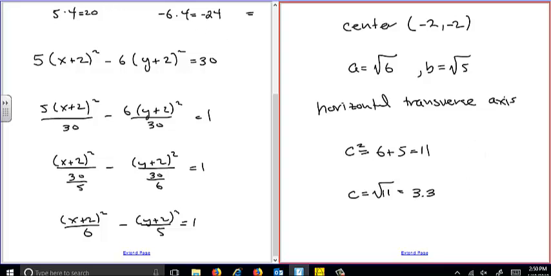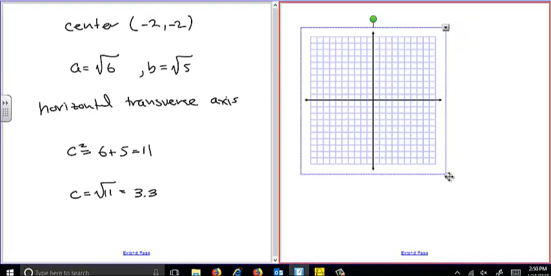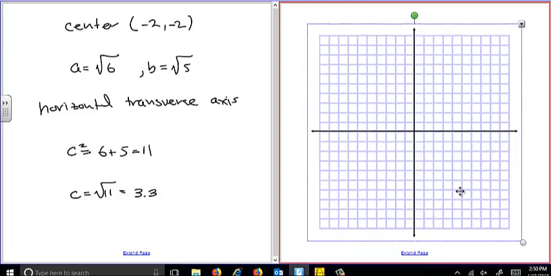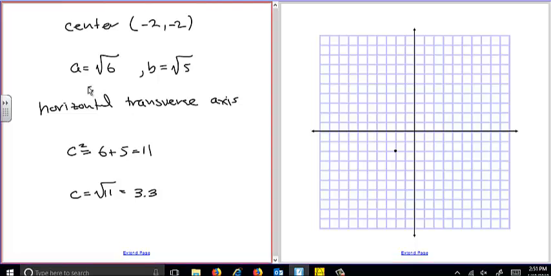So let's plot it. Go plot the center. -2, -2. There it is. Plot a. A is the square root of 6, so we need to figure out what that is. What's the decimal? Square root of 6. It's going to be 2.4. And b is the square root of 5, which is going to be a little bit less, which is 2.2.